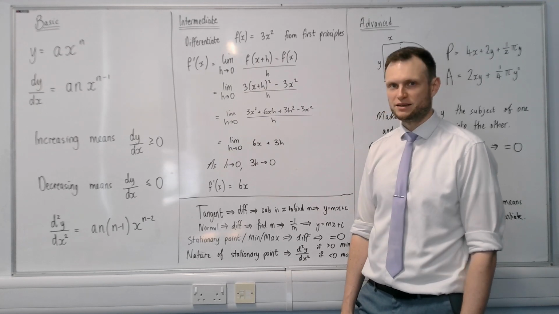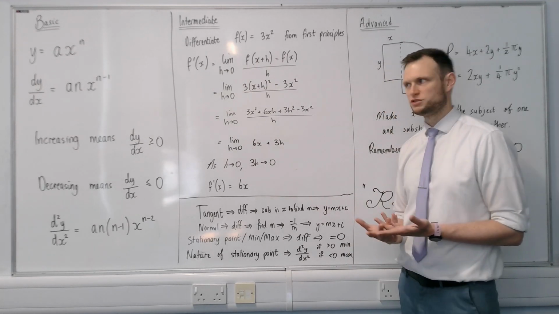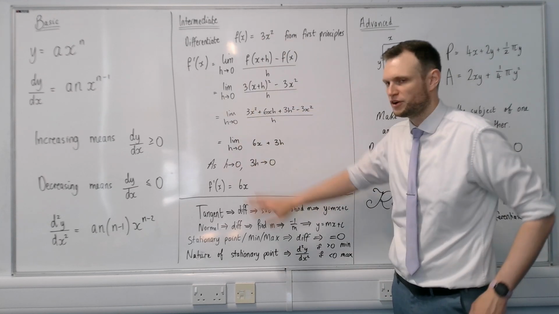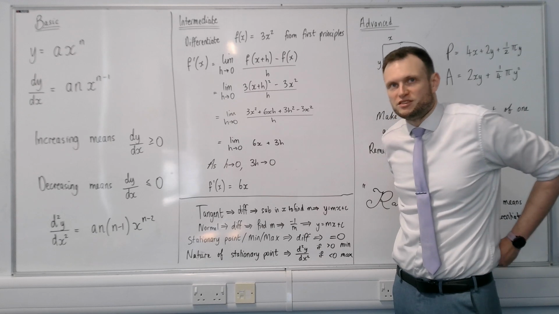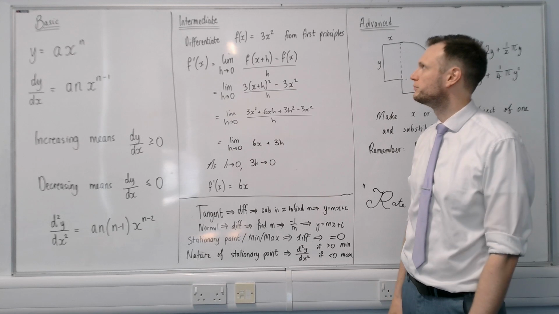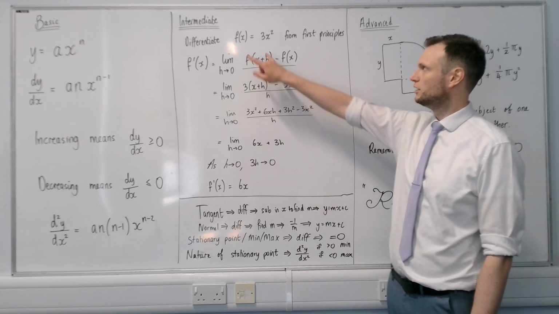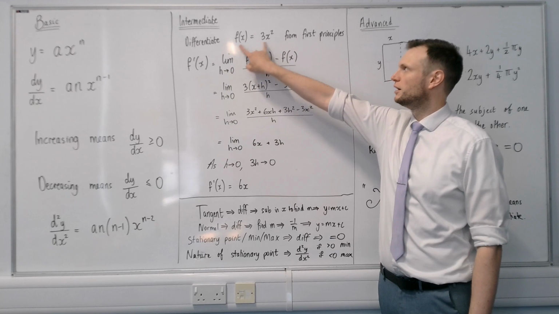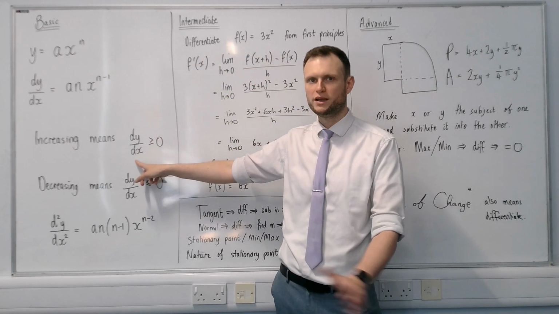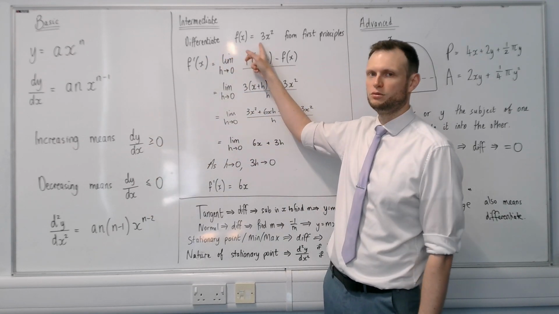Moving on to the intermediate stuff, this is where you're starting to use the derivatives to do things. Firstly, we've got differentiating from first principles. This is just an example, but this is the basic thing you would do to differentiate from first principles. You start off with a function. There are two different ways, depending on if you're given y equals or f of x equals.